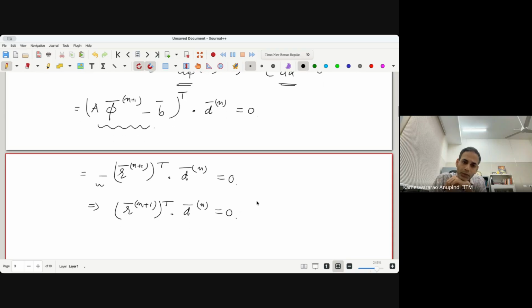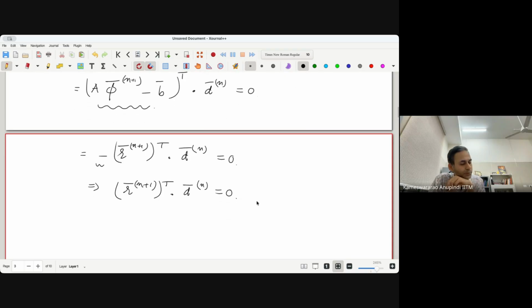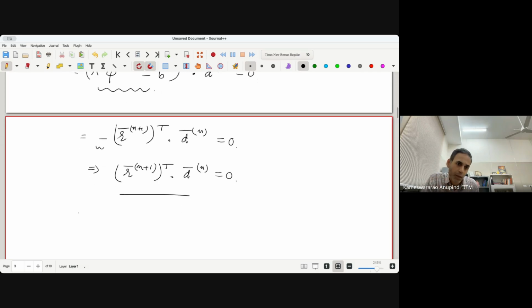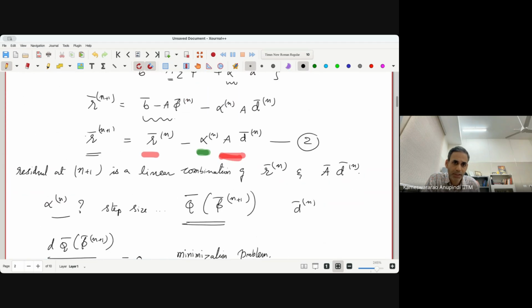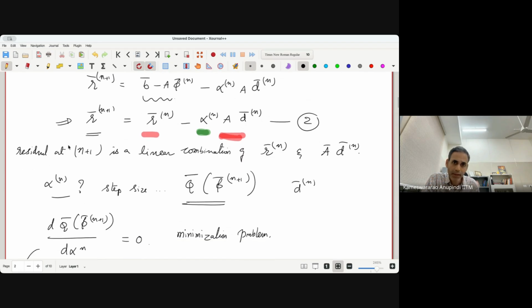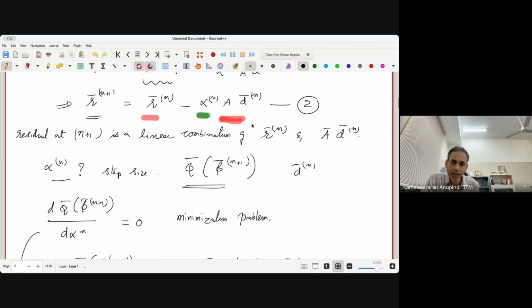That means for minimizing this, we got a relation which says that the residual at the n+1th step is going to be orthogonal to d̄n. Then I can write r̄n+1, which we have from equation 2, as r̄n minus αn A d̄n.